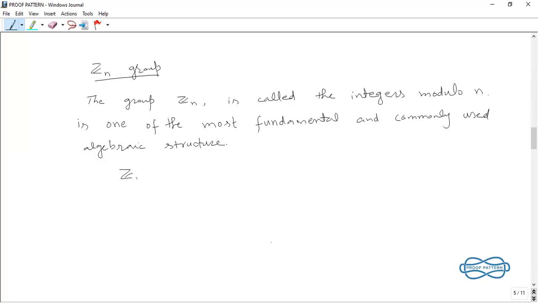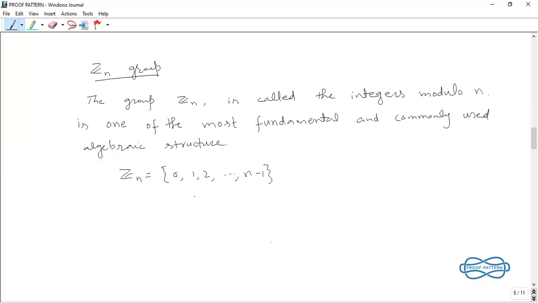Clearly, Zn is the set which consists of 0, 1, 2, up to n minus 1, because whenever we divide any integer by n, we cannot get a remainder greater than n minus 1. So it can be 0 or 1 or 2 up to n minus 1.